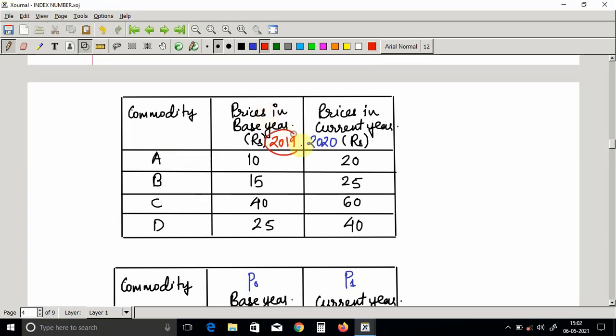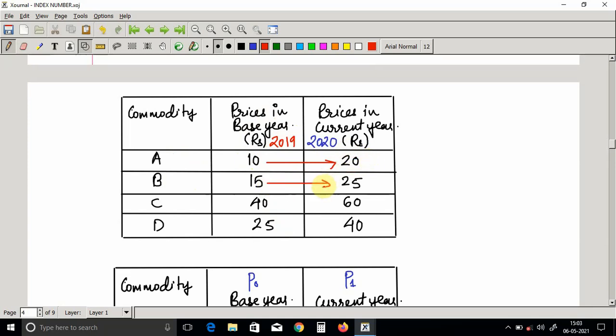My base year is 2019. I have data of 4 commodities. Data means price per liter or per kg. So 10 rupees, this is the rate, 10 rupees, 15 rupees, 40 rupees and 25 rupees. This was the price I need to pay in 2019. Then in 2020, for the same commodity I need to pay 20 rupees.